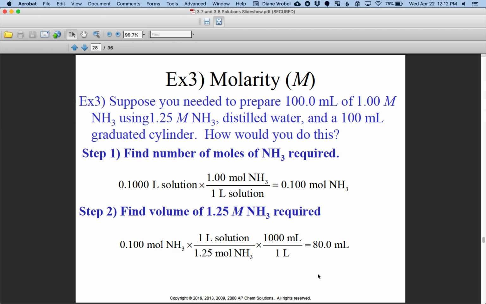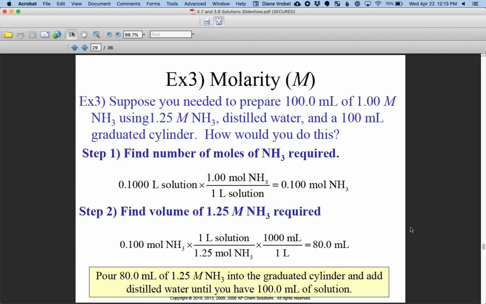If your molarity is lower, your volume goes higher, whereas if your molarity is higher, your volume should be smaller. And that makes sense, because if we have 1.25 molarity of ammonia, we only need a smaller volume of it to equal a lower molarity, which is 1.00, and a larger volume.